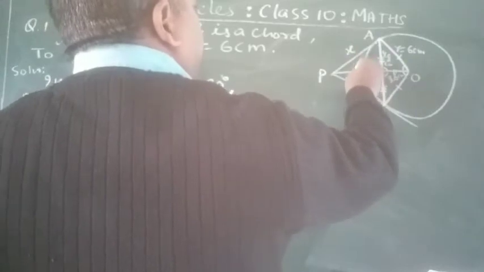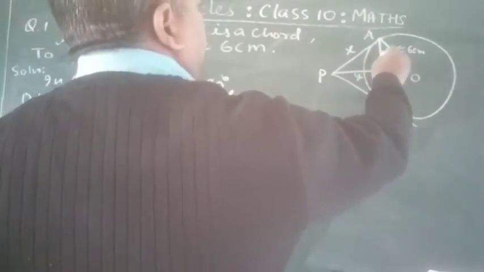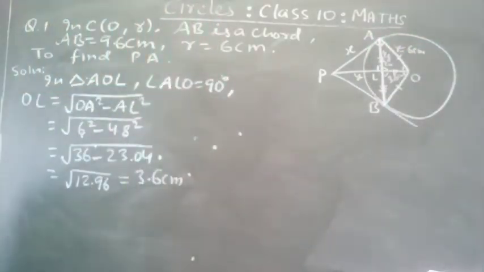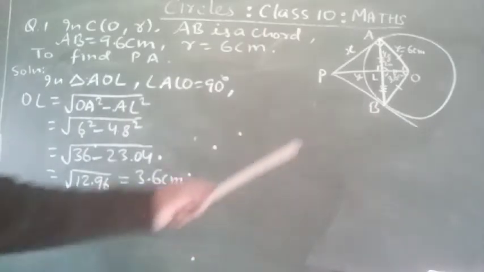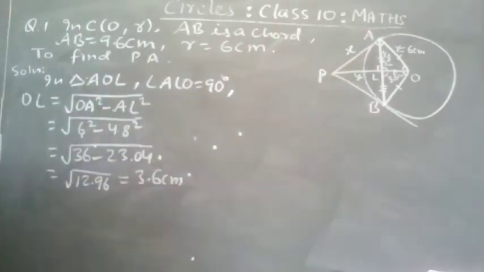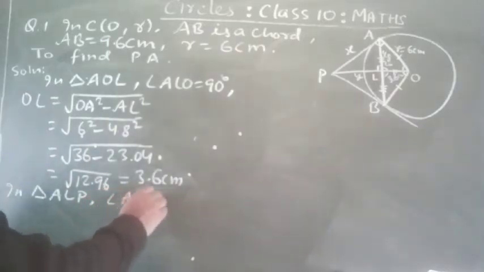PA is supposed to be X and PL is supposed to be Y. And here it will also be 90 degree, and there also it will be 90 degree. I have to go through two right angle triangles. So look at this. In triangle ALP, angle ALP is 90 degree.